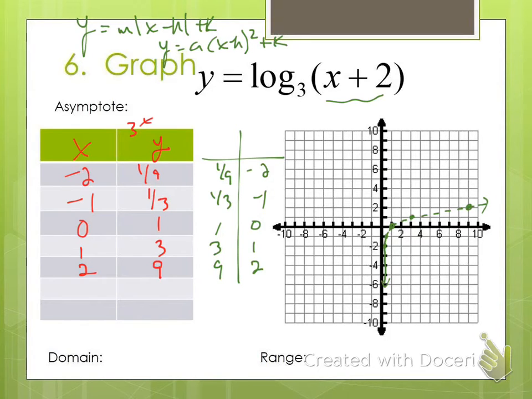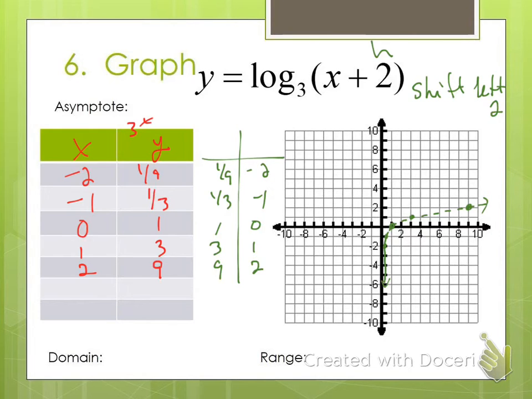We're adding a 2 to the x in this logarithmic argument, and so that makes this guy h. And so h stands for horizontal. This is going to provide a horizontal shift, and just like every other one of these examples, it's going to provide a horizontal shift in the opposite direction in which you probably are thinking about it, right? So we need to shift everything left 2 instead of right 2.